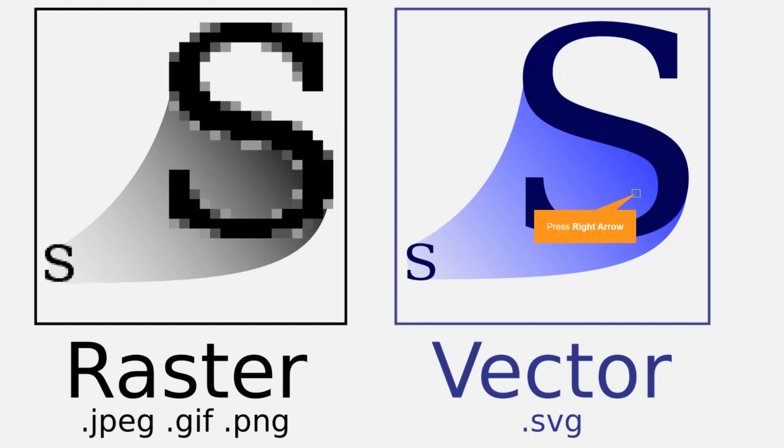Some different file types that we use for the different types of graphics. For raster graphics, these are all of the file types that you typically associate with pictures, such as JPEG, maybe a GIF, or a PNG image. A vector graphic, the standard is SVG, standing for Scalable Vector Graphics. So .svg, that is for vector graphics.